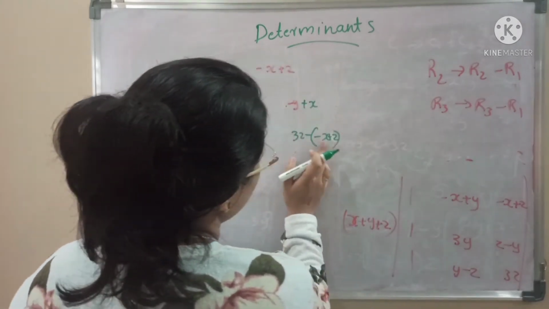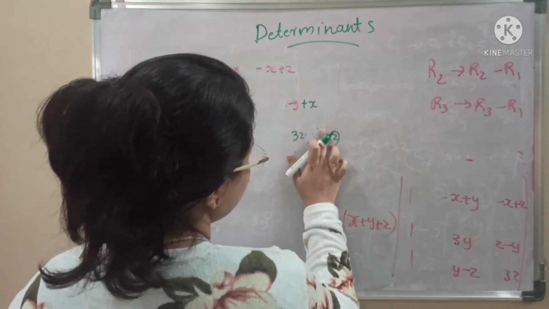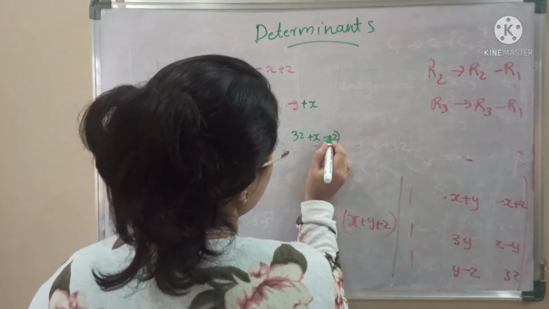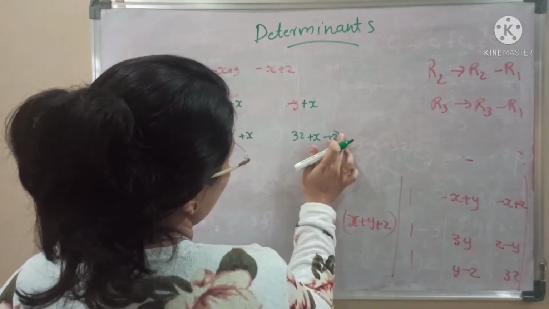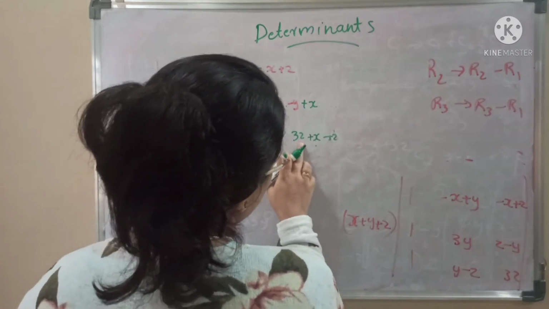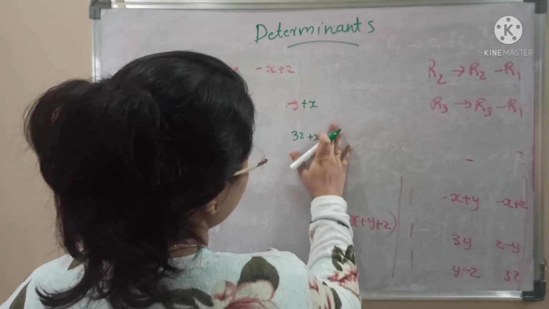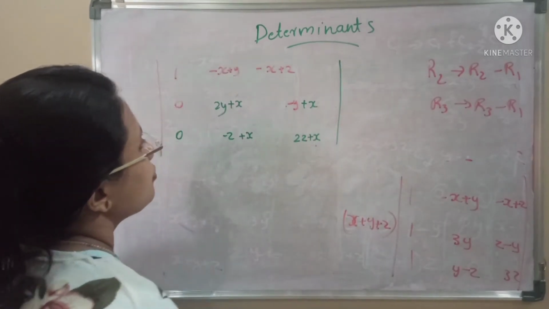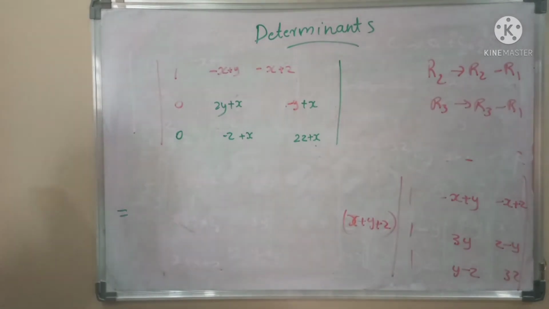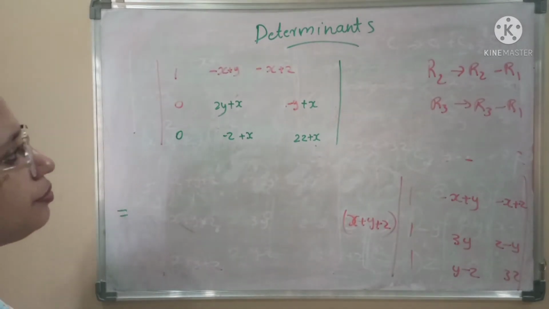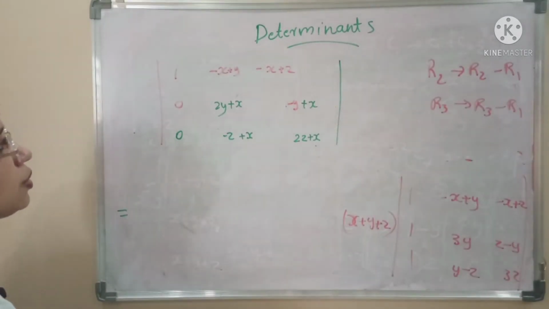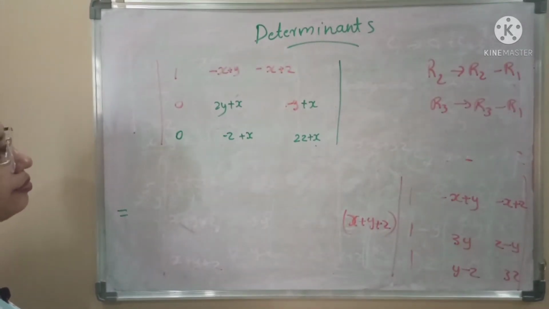Now here minus of minus x plus x minus z. So 3z minus z will be 2z. So these will be our elements in the determinant. Now how to solve this determinant again?